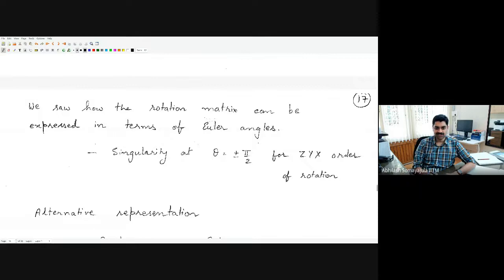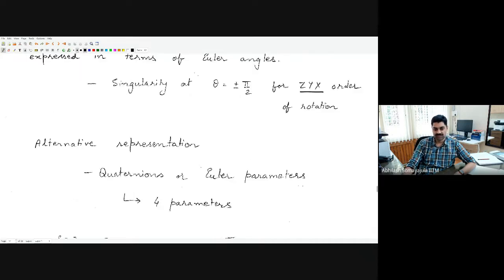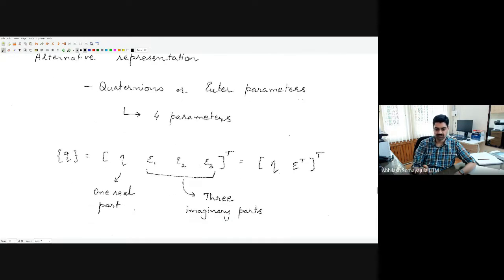Now, we saw that in the rotation matrix, we characterized it using the Euler angles. There was a singularity when our theta was equal to plus or minus pi by 2, and this we were considering for a zyx order of rotation. So now we are going to discuss the alternate representation using the quaternions, which are characterized by 4 parameters: eta, epsilon 1, epsilon 2, and epsilon 3.